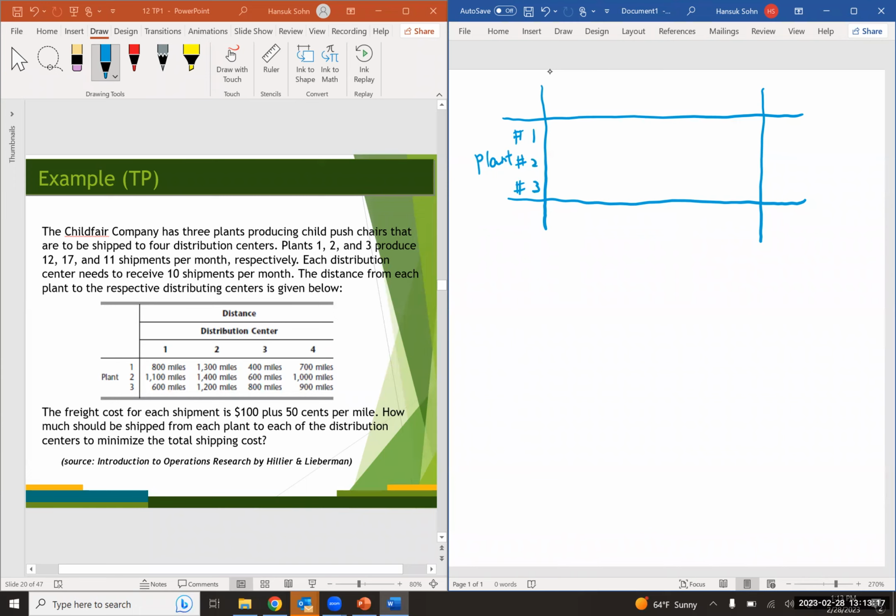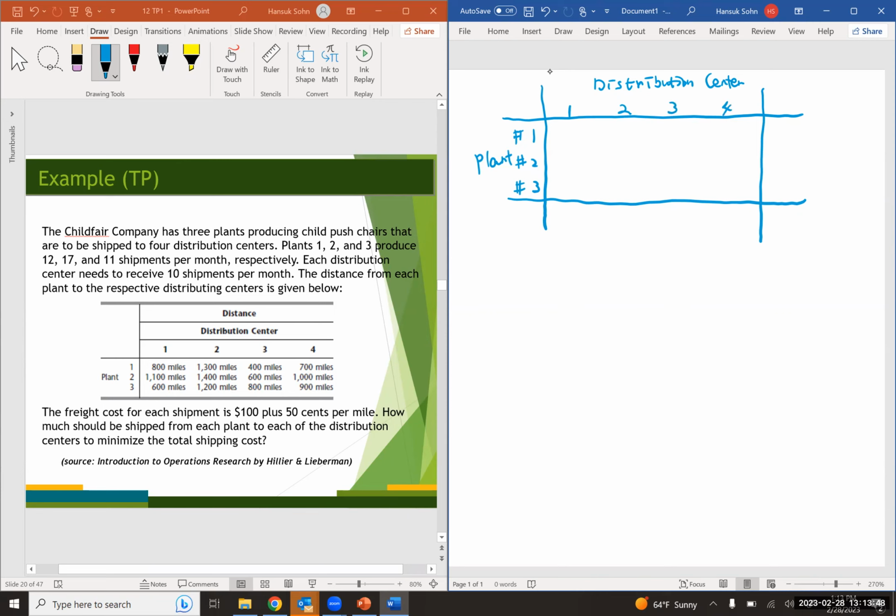And I'm going to put the destinations up here, which are the distribution centers. We have 4 different distribution centers, right? 1, 2, 3, and 4.